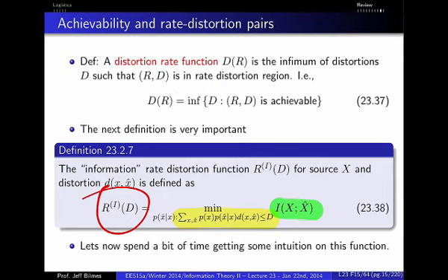Any one of those independent distributions will achieve 0 mutual information, which basically means you're compressing at a rate of 0 bits. If you're willing to accept that distortion, then I can compress down to 0 bits.